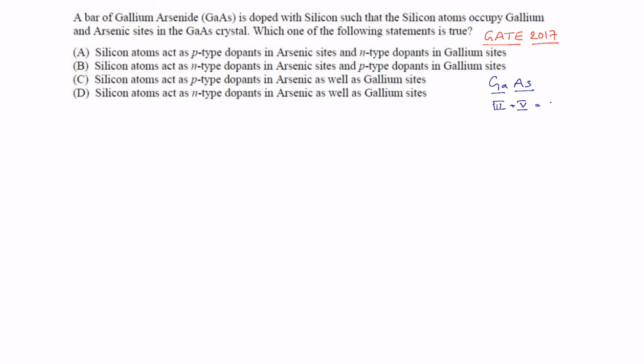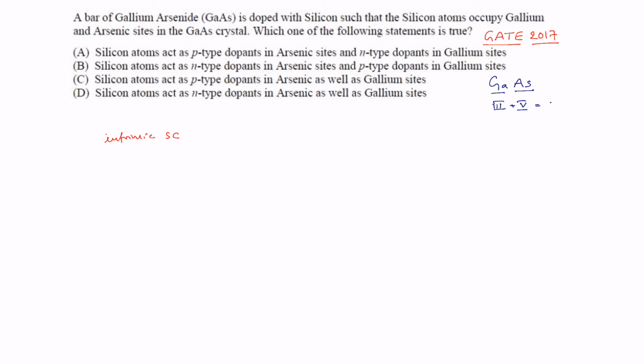So for example, let us start with the intrinsic semiconductor. Intrinsic semiconductor is also called a pure semiconductor, and it has the disadvantage of low conductivity, which is not useful for practical applications. So you add impurity.